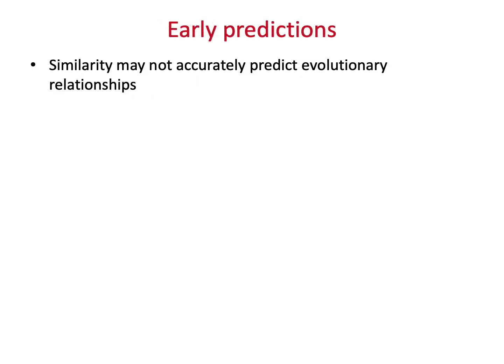When constructing a phylogenetic tree, looking for similarities between species may not always be a good predictor. This is because once two species have diversified, it is not a very good approach to just look at similarities.